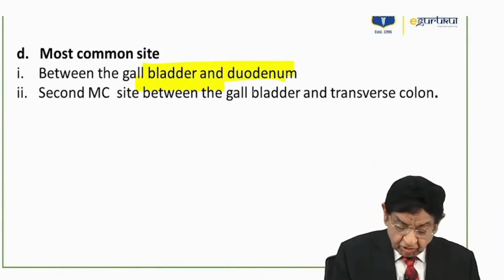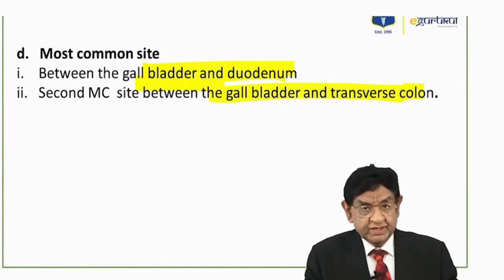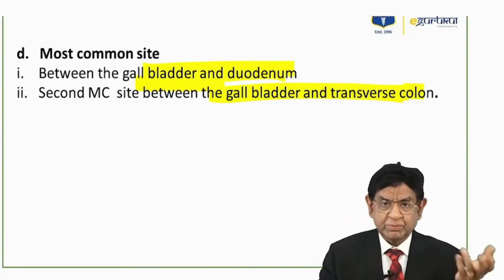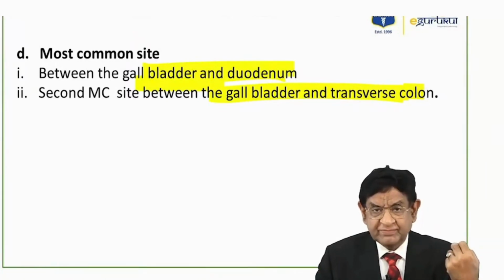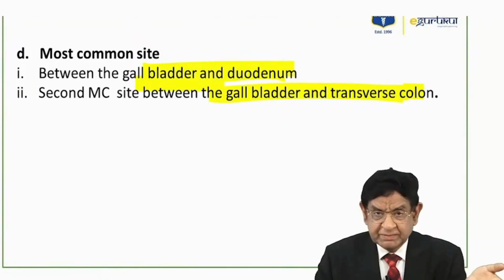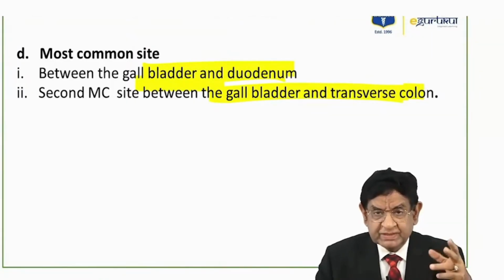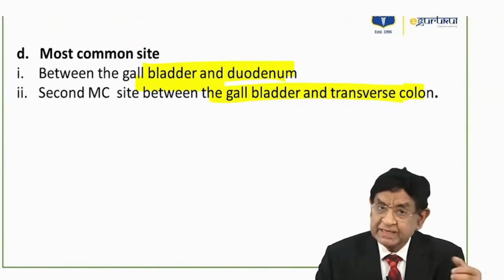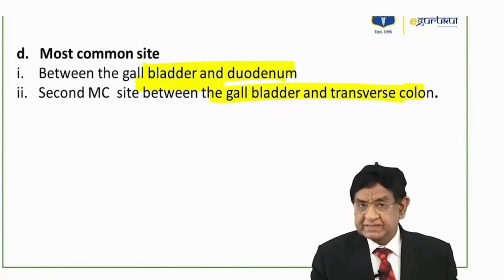And second is gallbladder and the transverse colon. This is the second one, which I told you, which is why the patient has no symptom. Normally when we talk about ileus, it is more of a small intestine with the term ileus we use. But here this fistula forms between the transverse colon and the gallbladder, but it can be in the small intestine also. But the second common site is transverse colon.